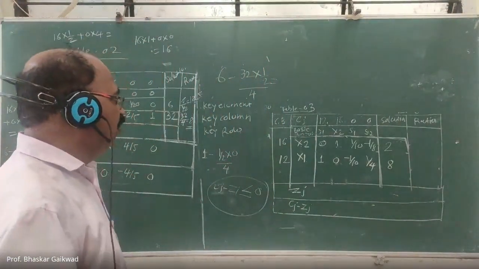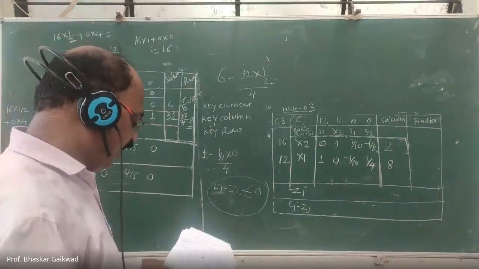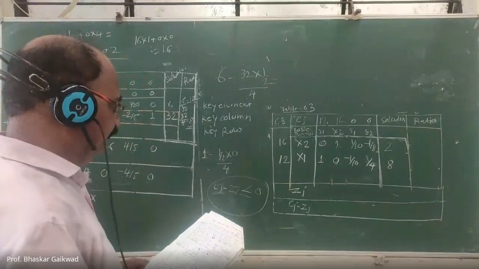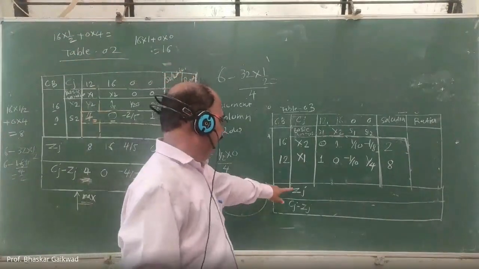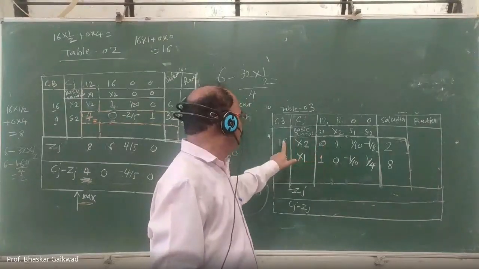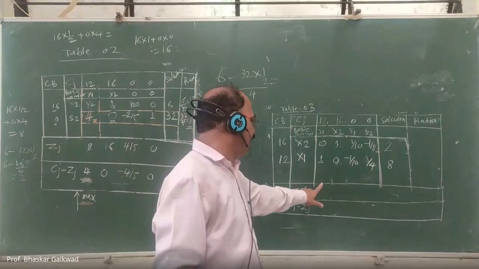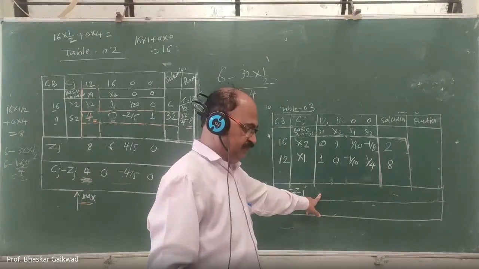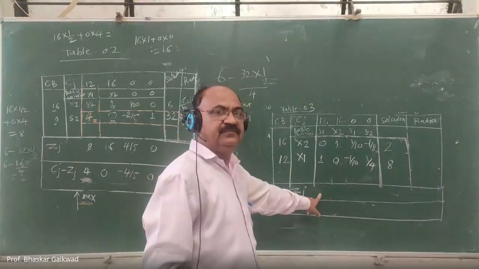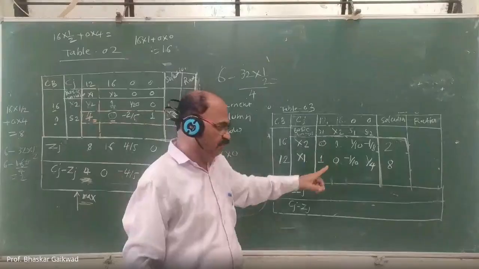Now Zj. How to calculate Zj? 16 into 0 plus 12 into 1. How much here? 12.